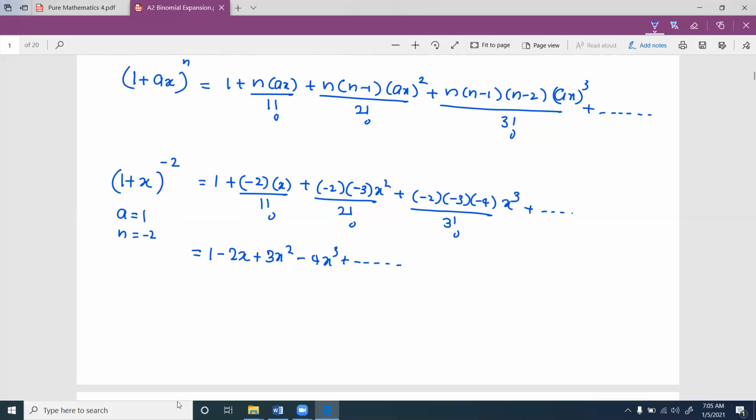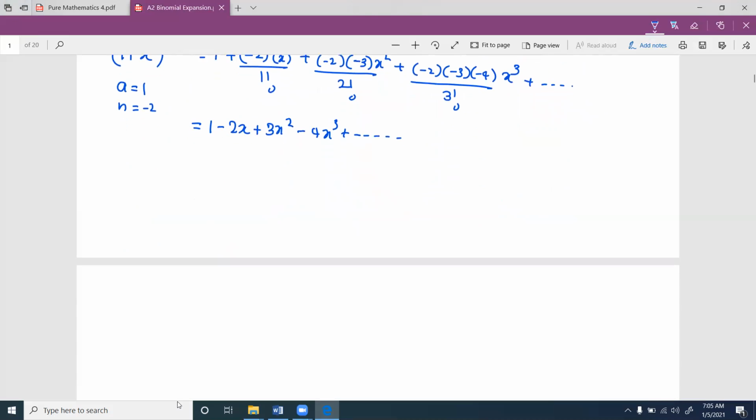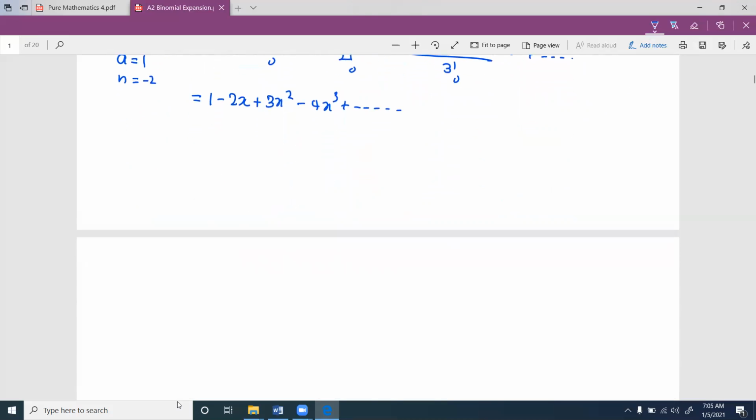Let's go to another question and try to make it much surer. The next one I'll get as 1 plus x to the power half. Okay, so we know that here a is 1, n is half. So you can say 1 plus n, which is half, x over factorial 1.